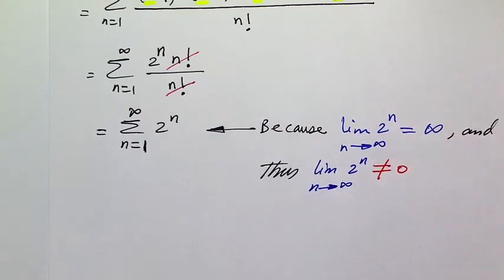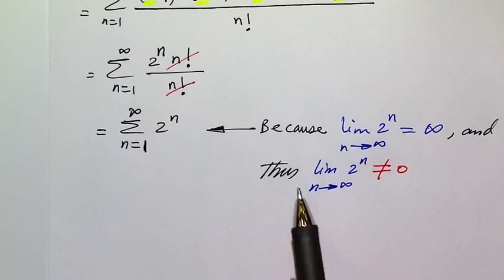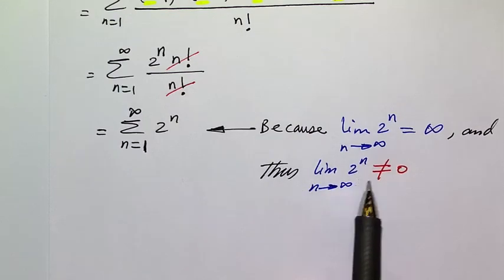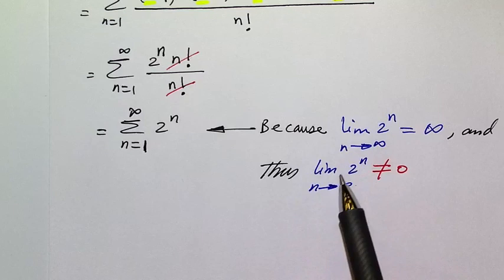That's all it matters. It's not equal to 0. So by the test for divergence, we know that that series diverges.